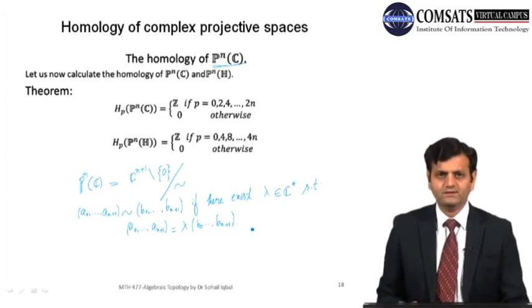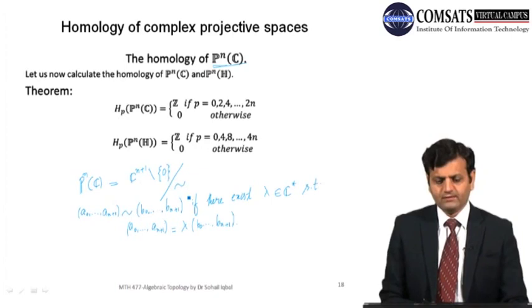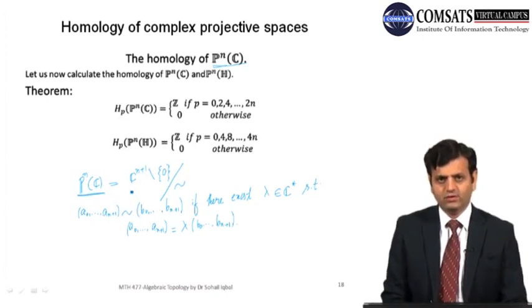So we are doing exactly the same thing as we did for real projective spaces. So basically what we are doing is we are taking the space of all one-dimensional vector spaces inside this n plus 1 dimensional vector space. More geometrically, basically we are taking the space of all lines passing through the origin. So this PnC will represent the set of all lines passing through the origin.